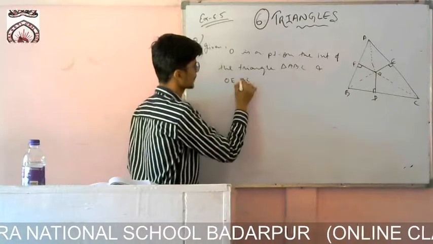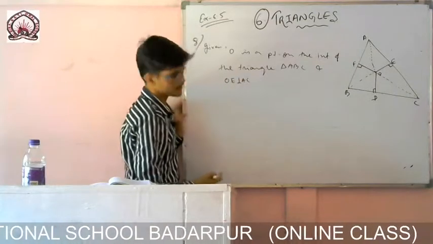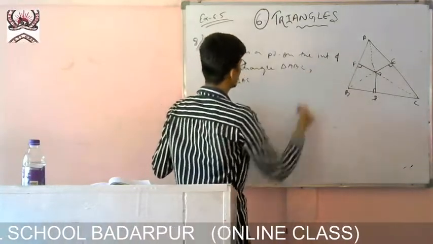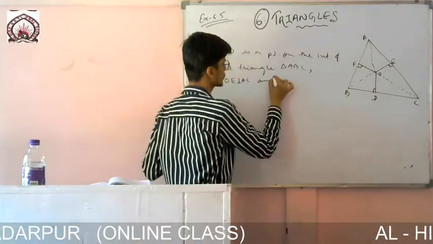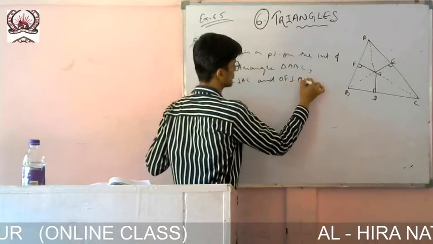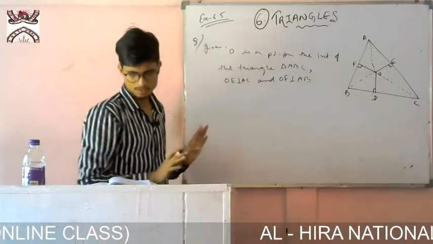OE is perpendicular to AC, and OF is perpendicular to AB, I think. So this is what is in the question that I have written.